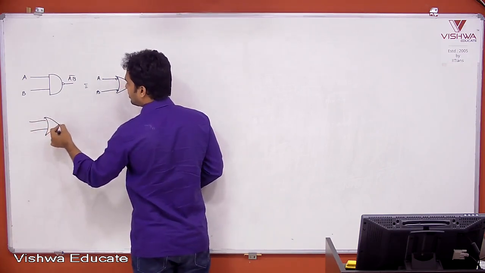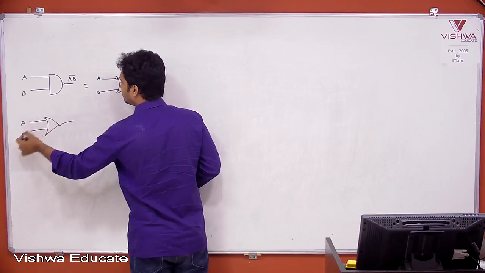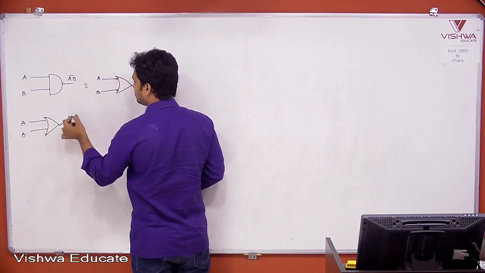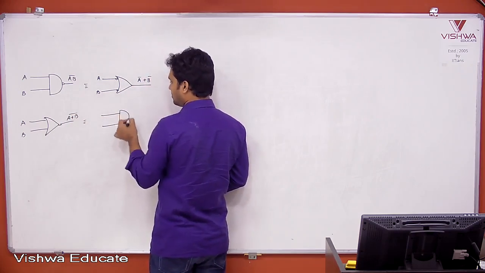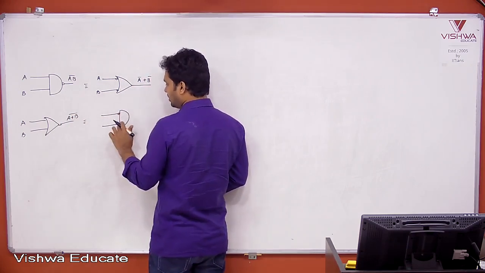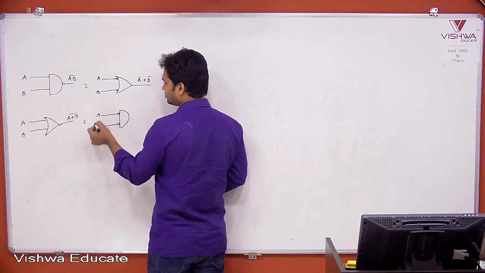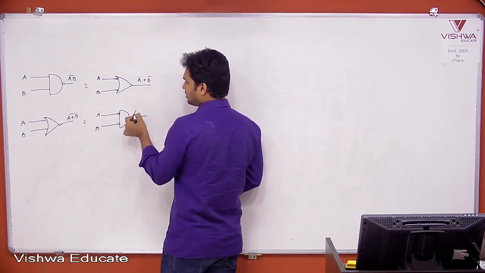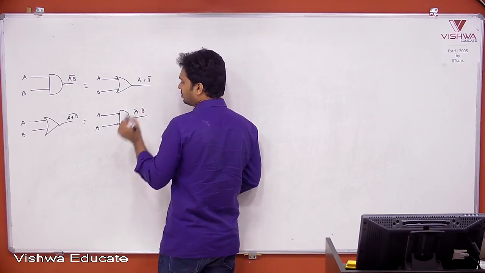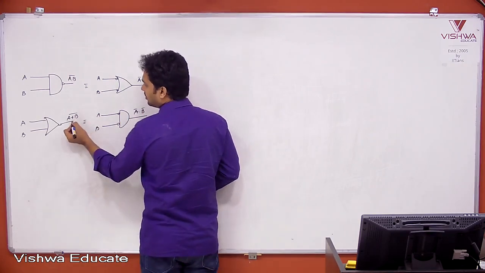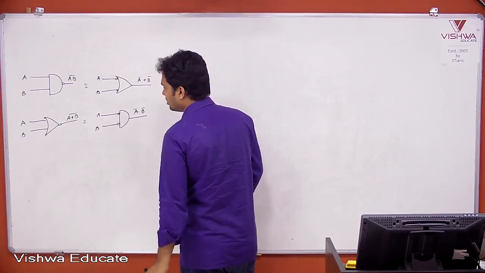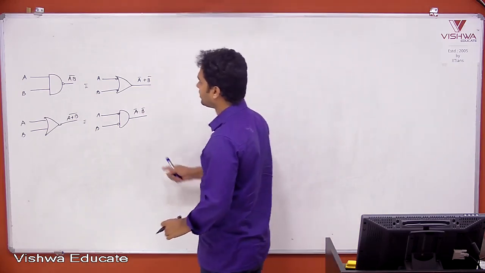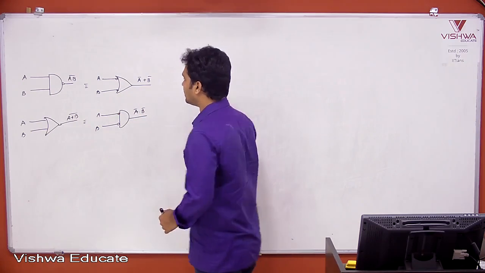If you have an OR gate, then it is the same as a bubbled input AND gate. What is the answer? A bar into B bar. A plus B whole bar, which is A bar into B bar, De Morgan's law. So whenever bubbles are sent back, AND becomes OR and OR becomes AND.